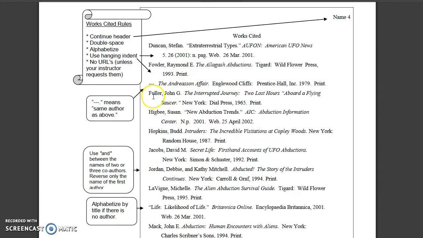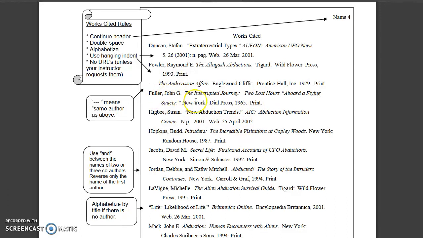For Fuller, right here, I don't see a page number, so it's just going to be Fuller. Higby, no page, so it's just going to be Higby. Here it's going to be Hopkins, no page. Jacobs, no page, and so forth. Now, I do think that there are page numbers listed within this essay, and if there are, then it's going to be best if you put the actual range of page numbers within your citation.